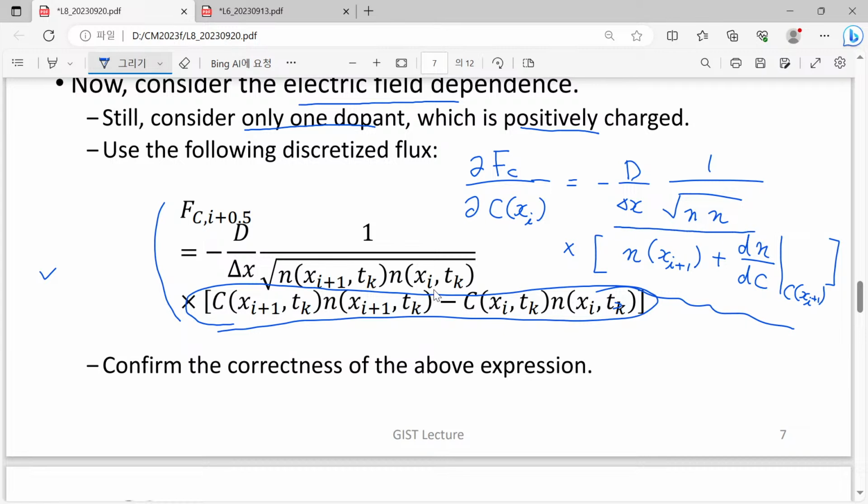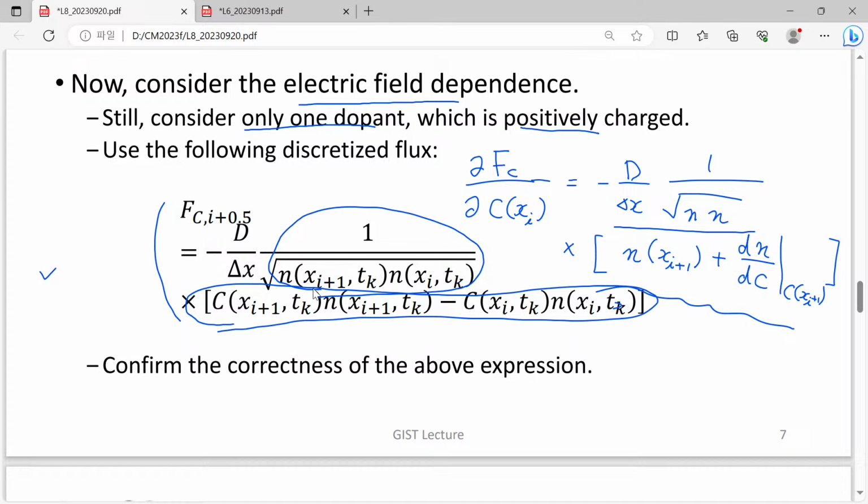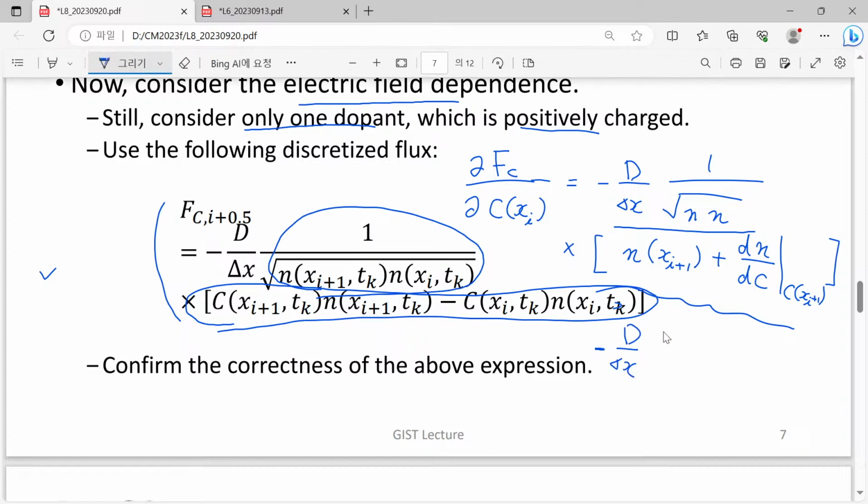However, as he correctly asked, this one also has n dependence. So what we must do is, yes, delta x, and here we have to consider the partial derivative of this 1 over square root of n, and n times, now we have the same thing here, c n minus c n.